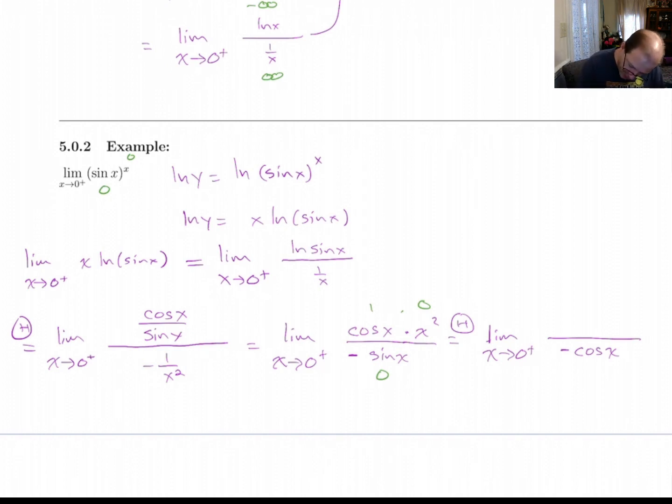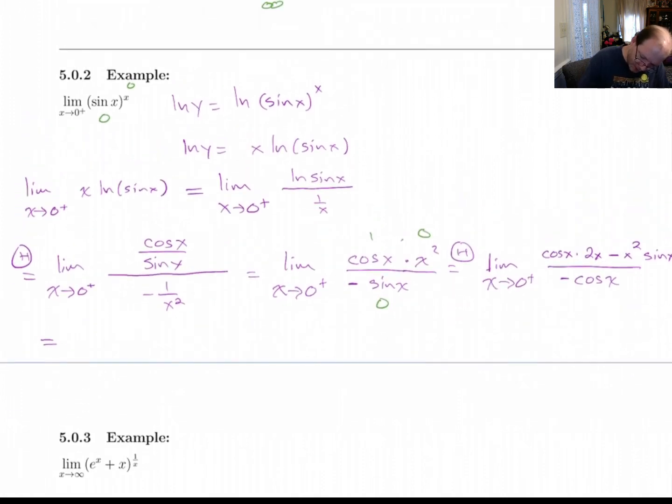On top, though, we've got to use the product rule. So we get first times derivative of the second plus second times derivative of the first. Now, derivative of cosine is negative sine, so I'm going to come back up here and change this to a minus. Okay, so what if we plug in the 0 now? If we plug in the 0, over here that's just going to be 0.